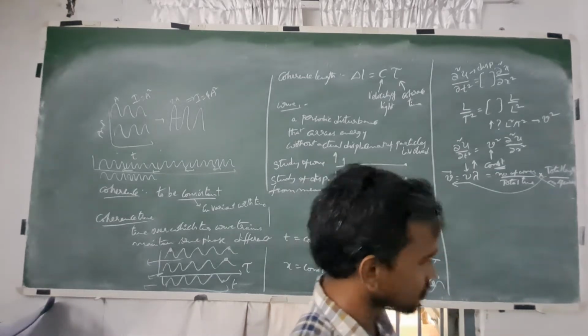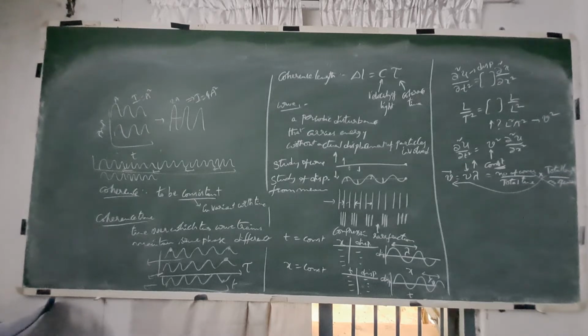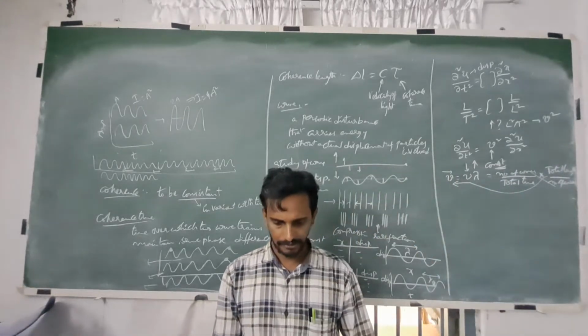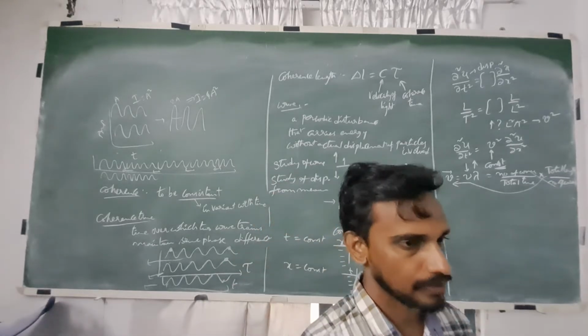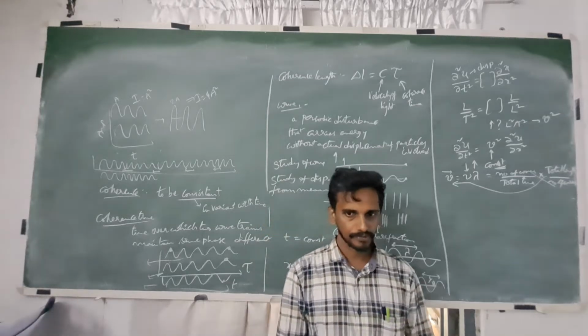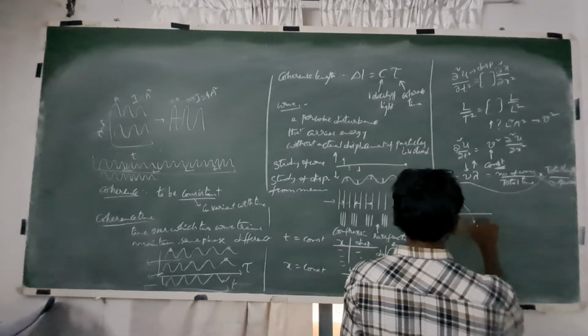So this also has a breaking point. We'll see that. So now, what happens if the light enters into a different medium? So here velocity is constant. Now the light enters from one medium to another medium.